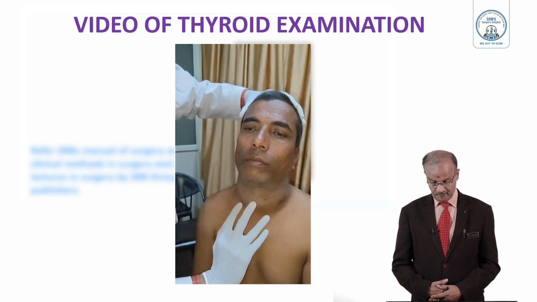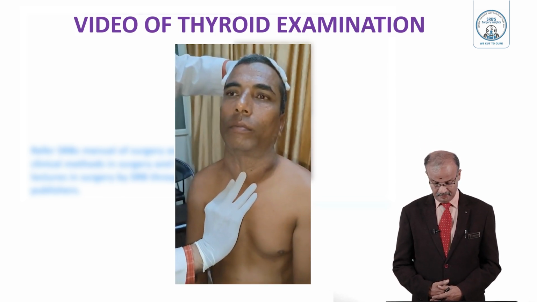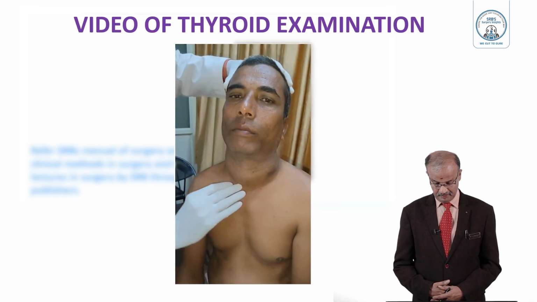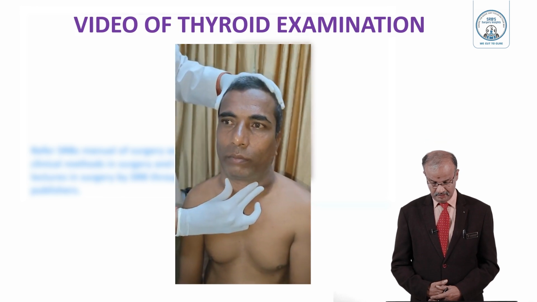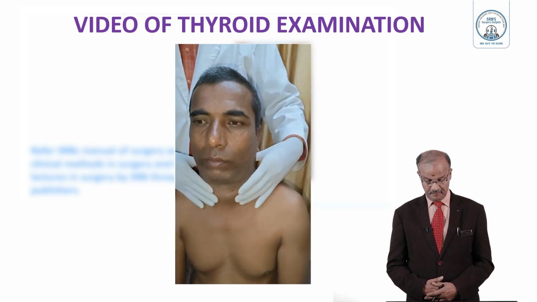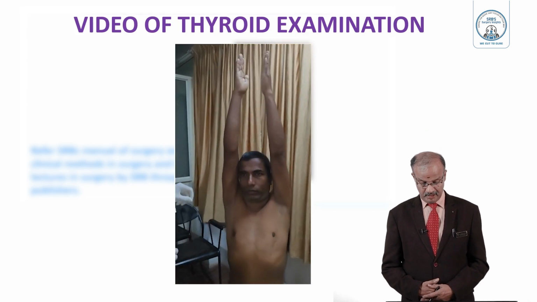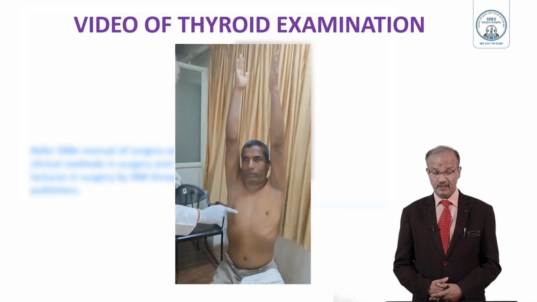Three-finger test. Kocher's test. Again, Kocher's test. Pemberton sign. Look for dilated veins.